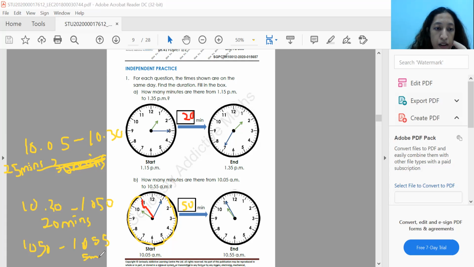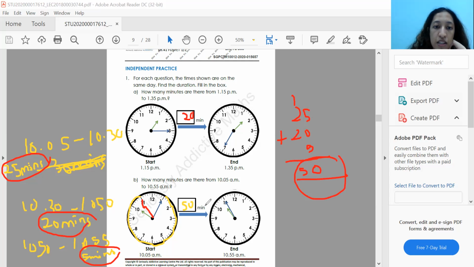Now we add them up. We add 25 minutes, 20 minutes, and 5 minutes. What would you get? So 25 plus 20 plus 5. There we go. We get 50 minutes as well.